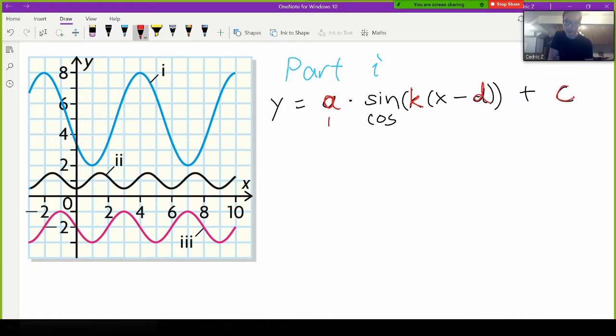And recall that a represents vertical stretch, also known as the amplitude. The k value represents the horizontal stretch, which not represents, but it determines the period.